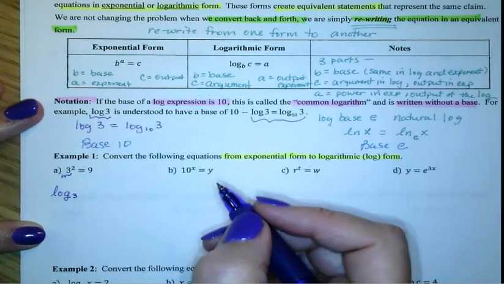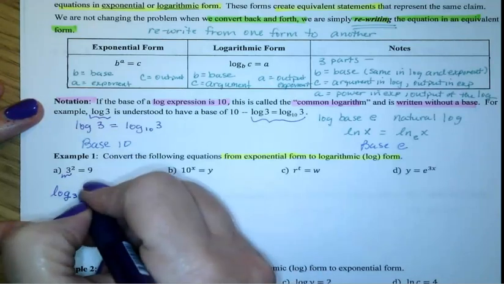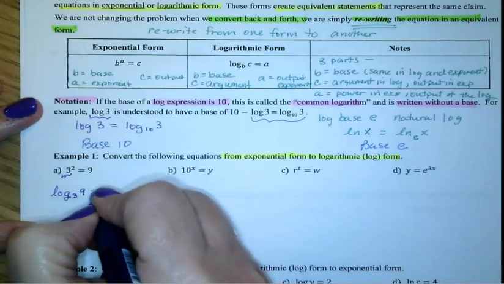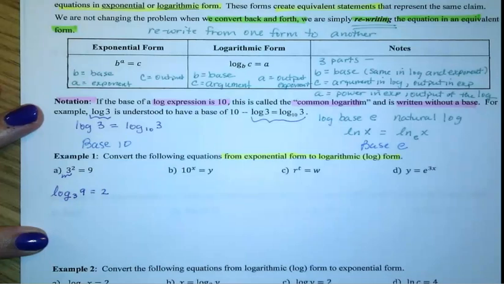Then the output, remember, is the same thing as the argument in a log. So I'm going to have my 9 right there, and that's going to equal 2. So log base 3 of 9 equals 2. 3 squared equals 9. Those are two equivalent forms. So we converted it from exponential to logarithmic.